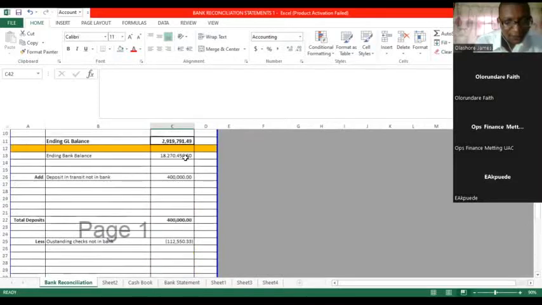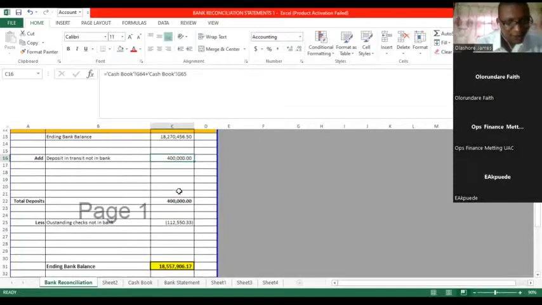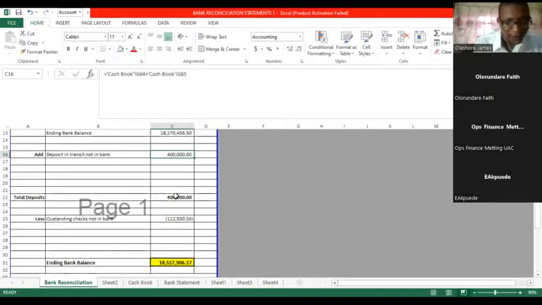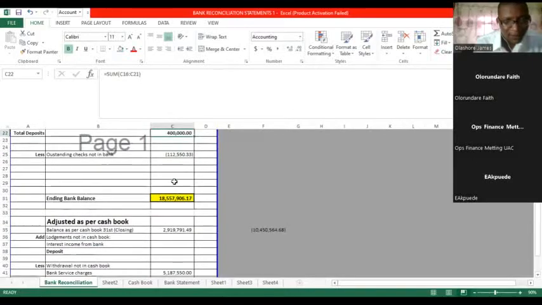So let's check. This is the ending balance in bank statement. This is the one not in bank, deposit in transit not in bank, which is this. And also this is 18577.